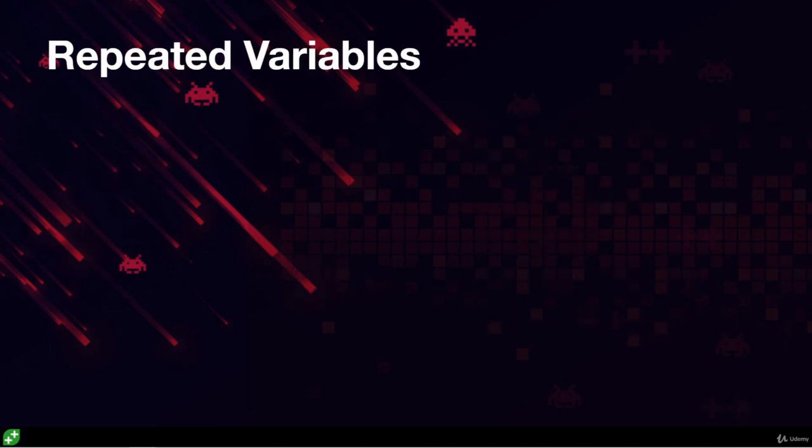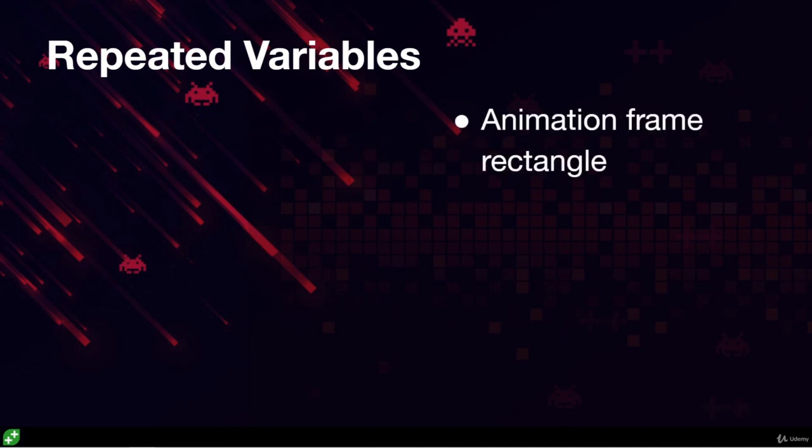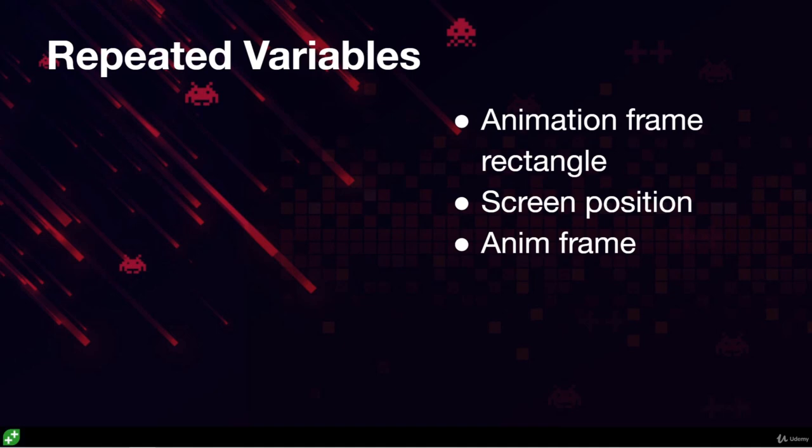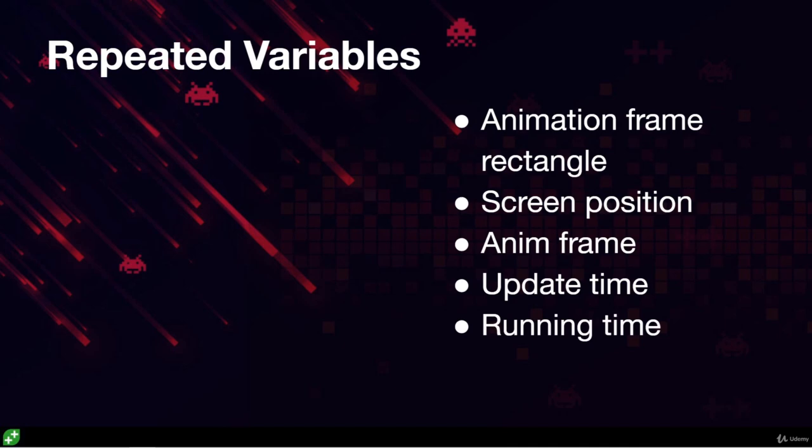So when does this come in handy? Well, we've already seen that we're starting to repeat some of our variables. For example, we have an animation frame rectangle for Scarfy as well as for our nebula hazards. We also saw that each of these has its own screen position, which is a vector 2, and each of them has an anim frame integer, a float for their update time, and a float for their running time.